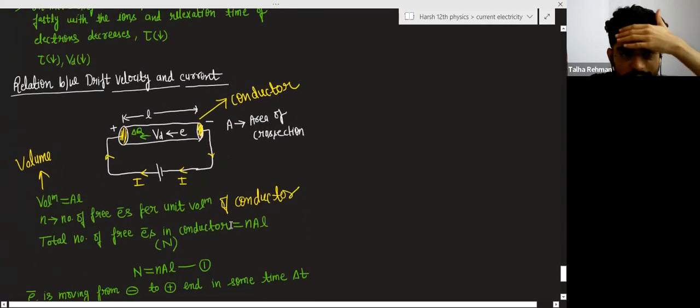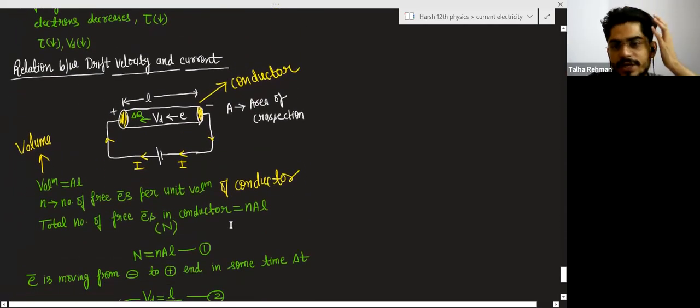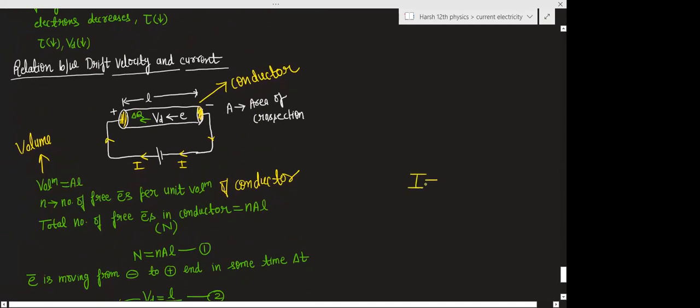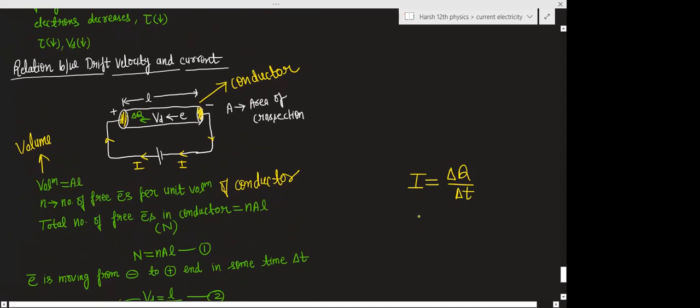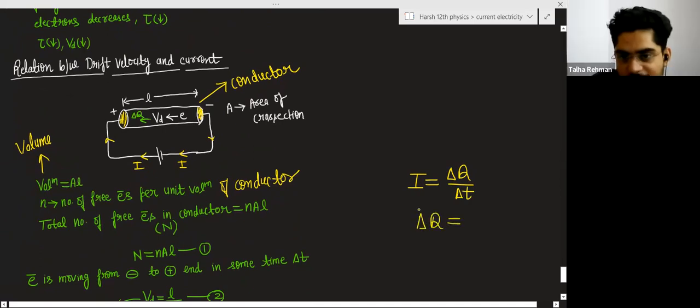How will you derive it? First you will calculate, actually you want to find the current here. Current is delta Q by delta T. And somehow we will find the charge delta Q, and delta Q is due to the electrons.